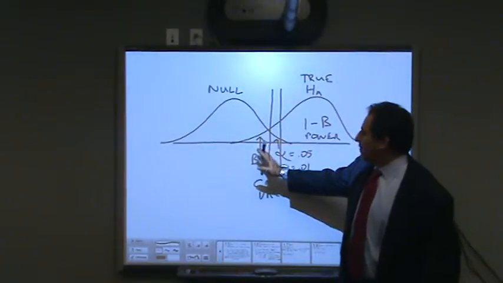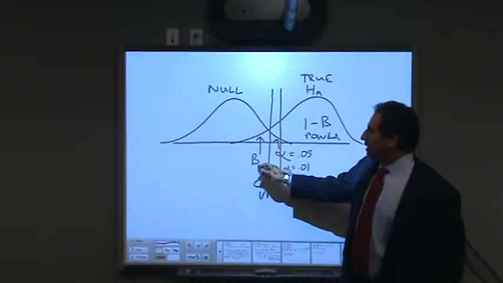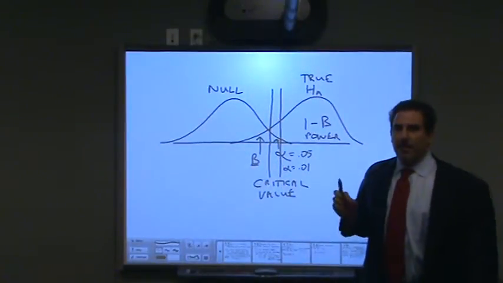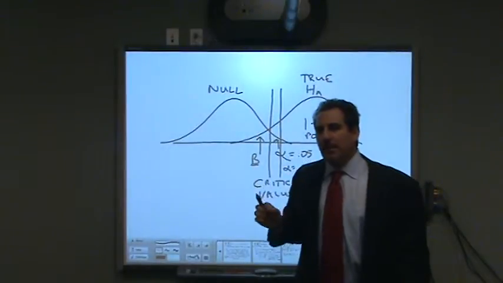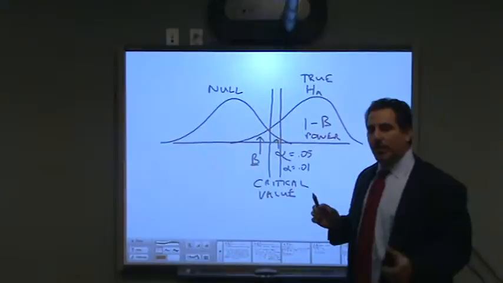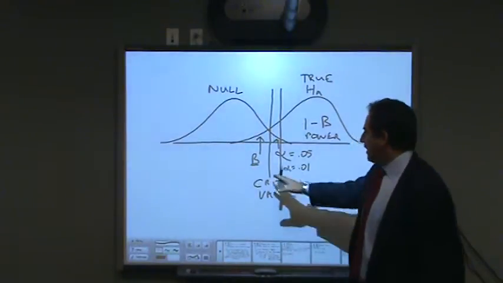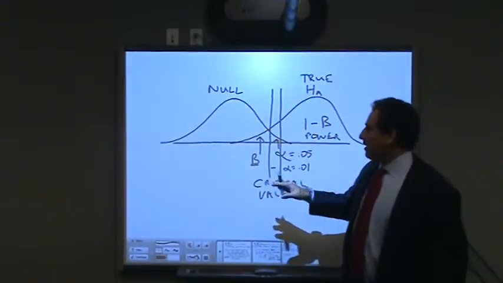Hopefully what you see is that when you get more rigorous on your alpha level, you're increasing the probability that you're going to make a type 2 error and miss a significant difference between the groups that's actually there, but you aren't seeing it as statistically significant because you've moved your critical value up.